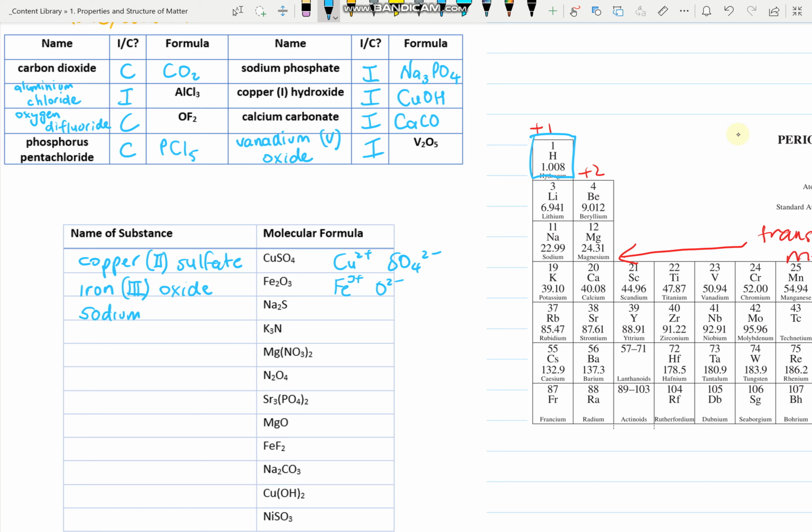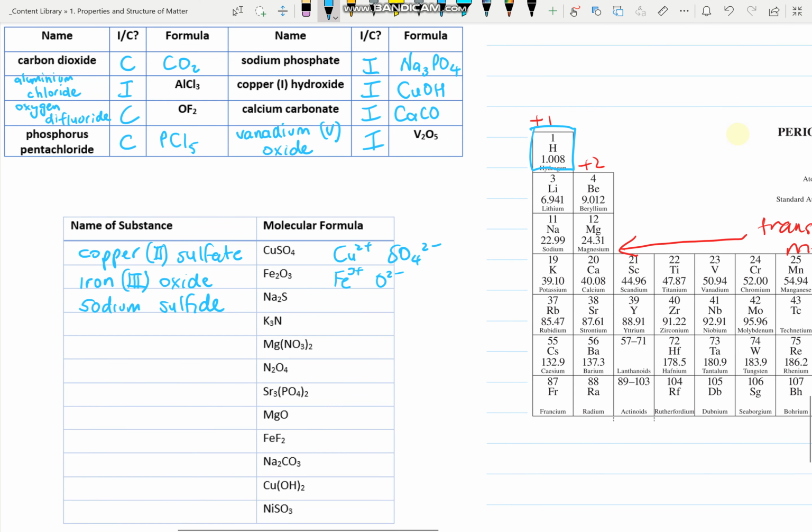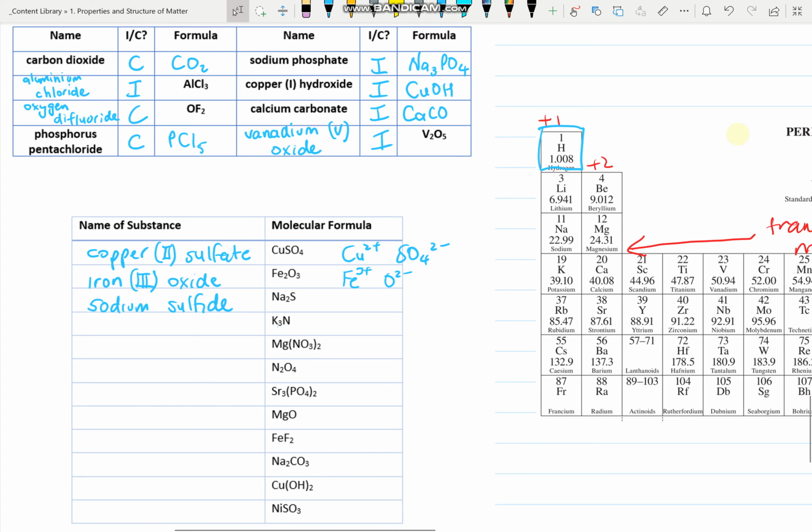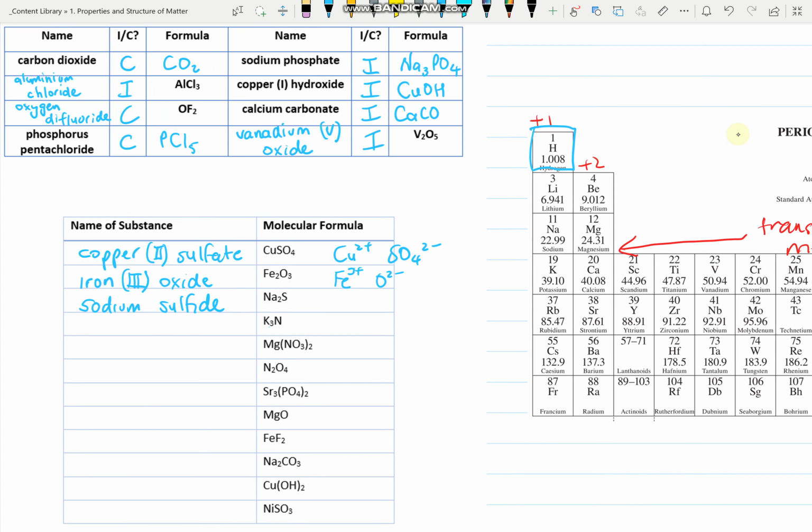Okay, in this next one, got sodium. Sodium's not a transition metal, don't need any of that. It's a metal, so I know it's ionic compound. I should have kind of accepted that copper and iron are metals. It's got sodium, sulfide, metal first, non-metal second. In this next one, it's the same thing. We've got a metal and a non-metal.